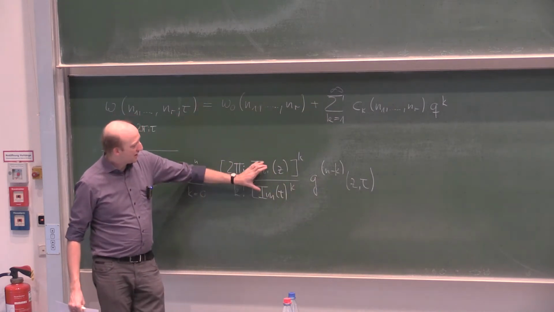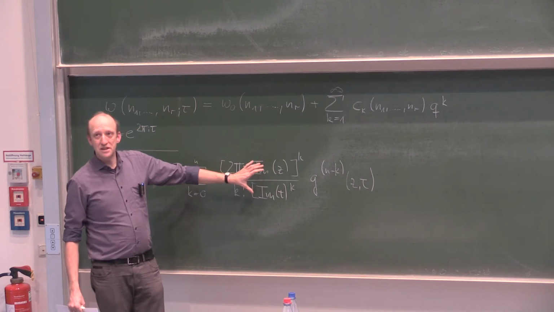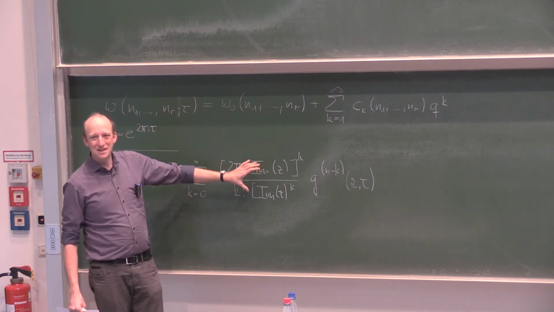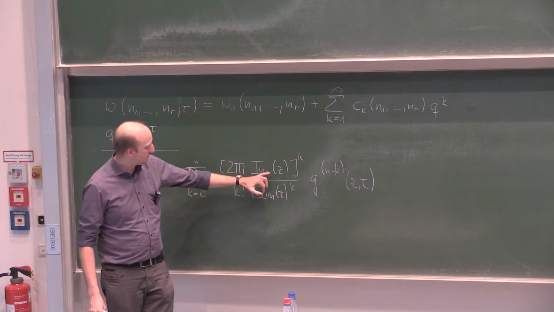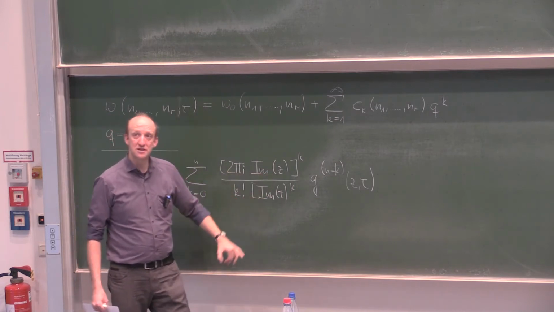Nevertheless, in here, there's again this ratio which already appeared up in the doubly periodic completion of the function f. So there is the imaginary part of z over the imaginary part of tau.